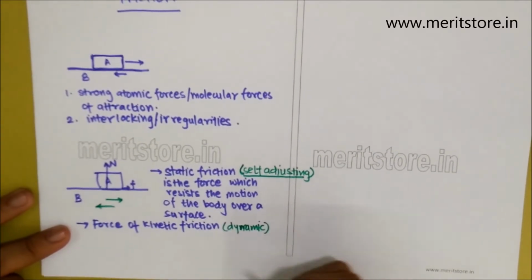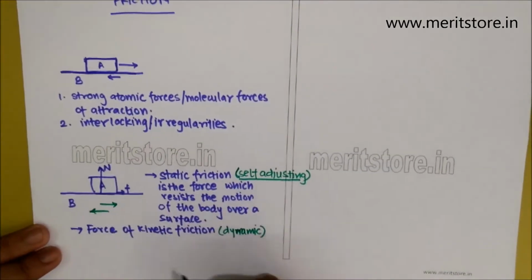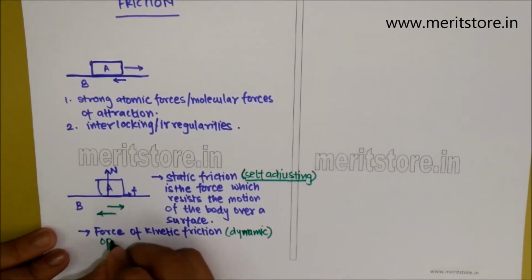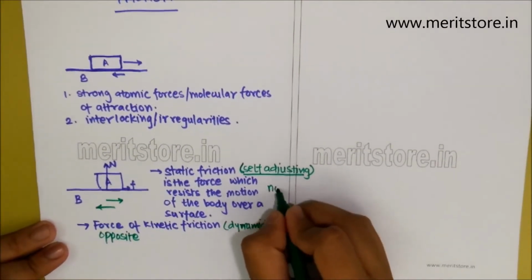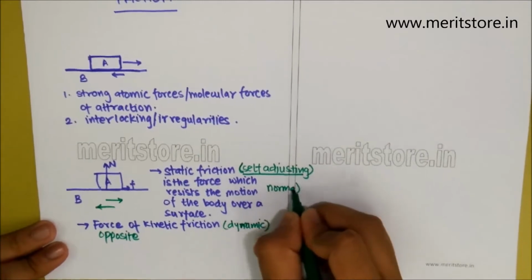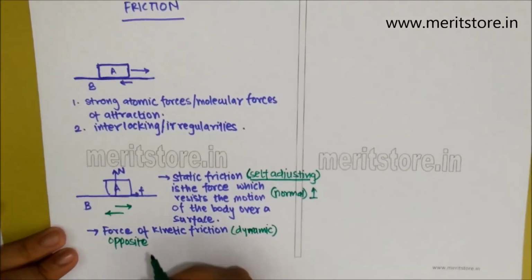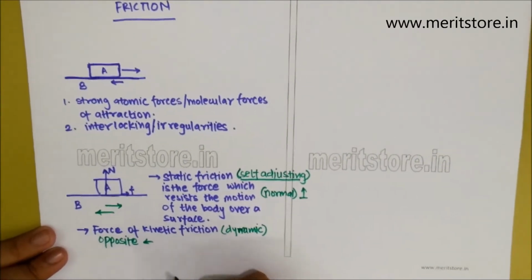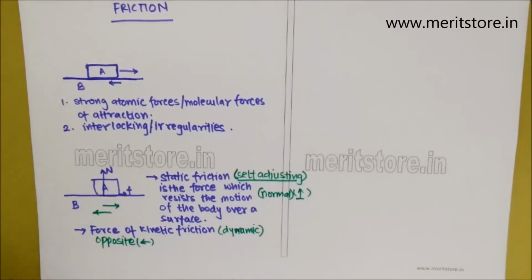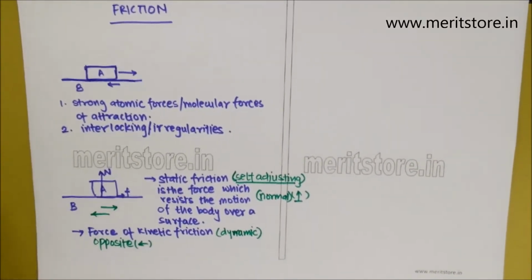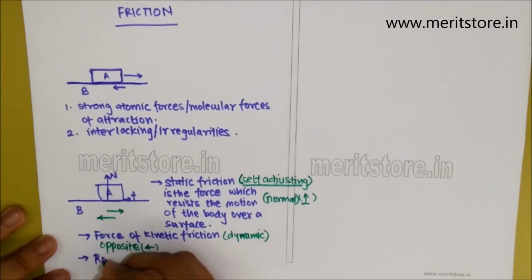So we have covered two basic types of forces. This force is always opposing the motion and will act in the opposite direction. This acts normally, so this is perpendicular to the surface, while this acts in a direction opposite to the direction of motion. While a third force which occurs is the rolling force.